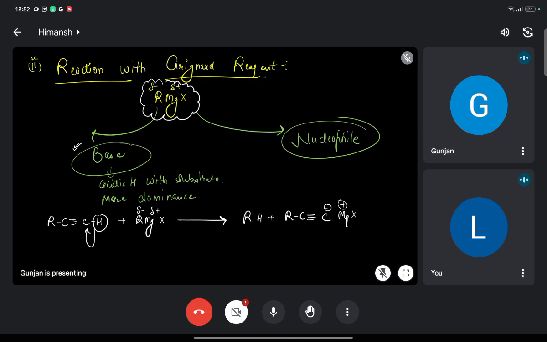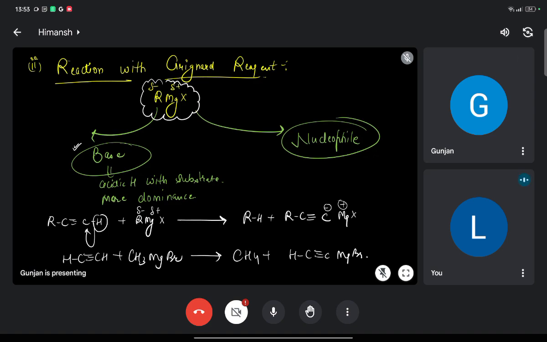Ma'am, in this RMgX, X is any halogen. You can take the example of CH3MgBr. We react it with HC triple bond CH, so we will create CH4 plus HC triple bond C MgBr, like this.